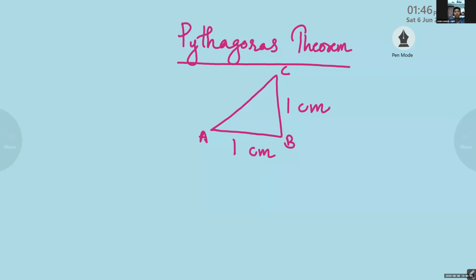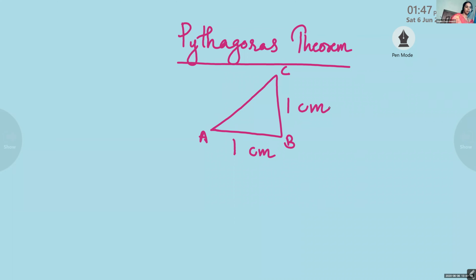Hypotenuse, base, altitude is okay. But Pythagoras theorem is something else. Remember? The base square plus altitude square plus hypotenuse.